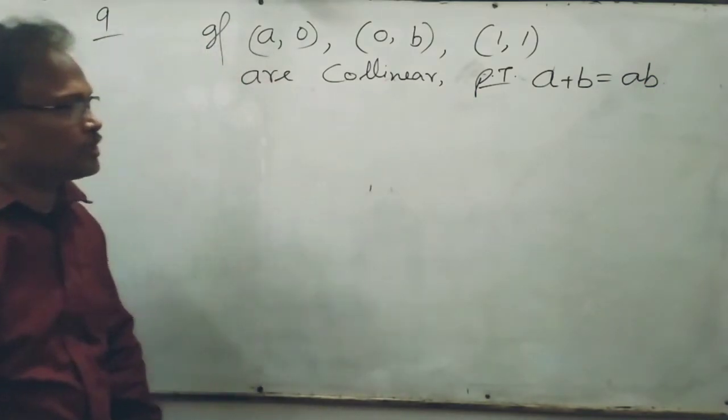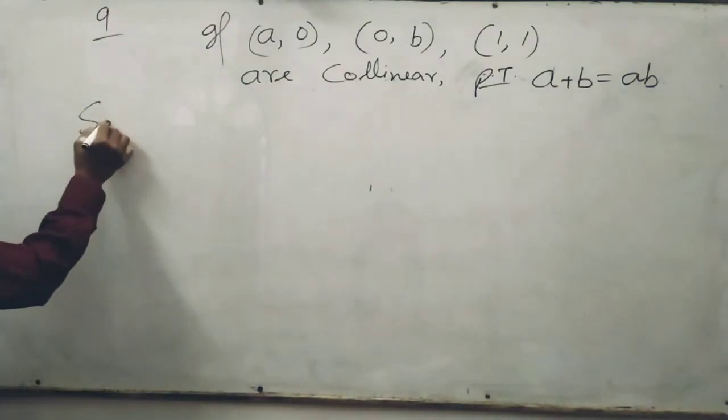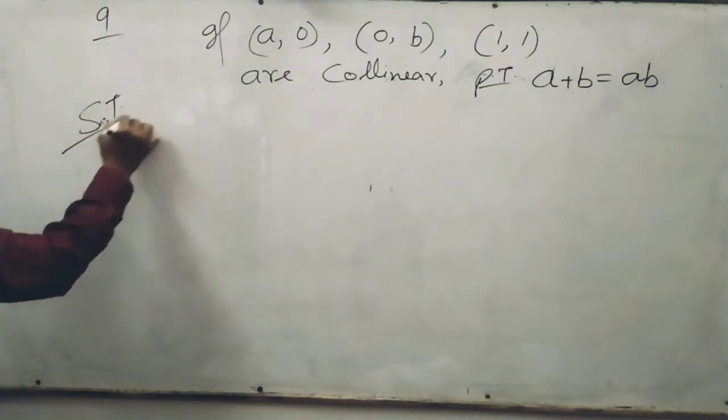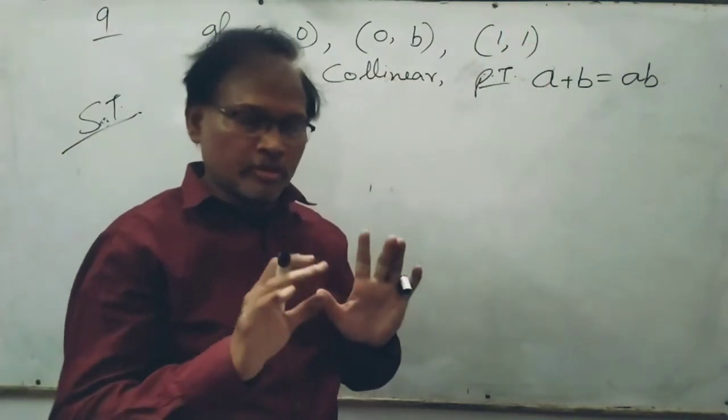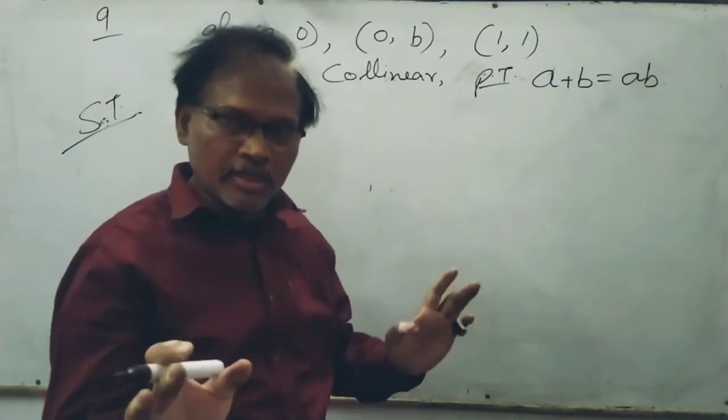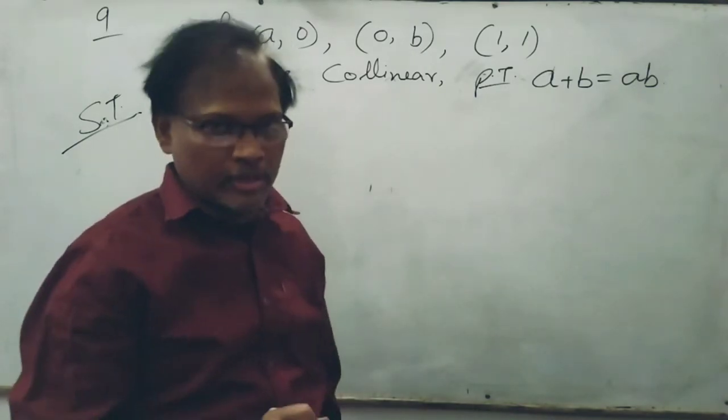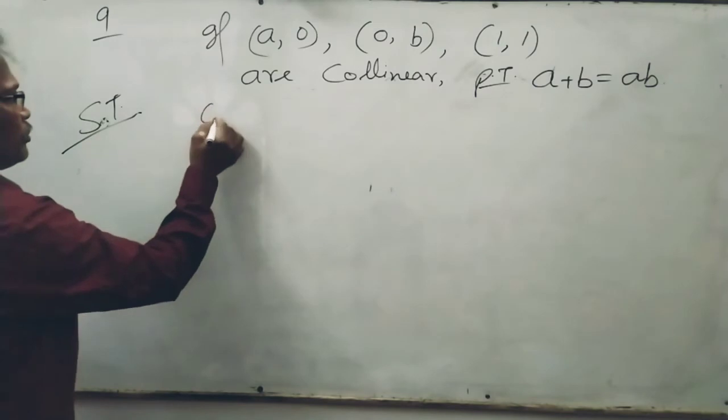This you have to show. So how to show? These are the vertices of the triangle. These points are collinear, and you know the condition of the collinearity.